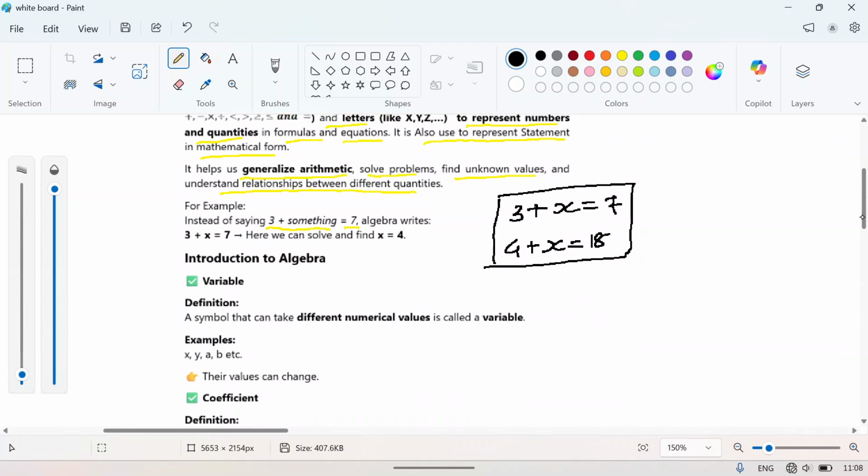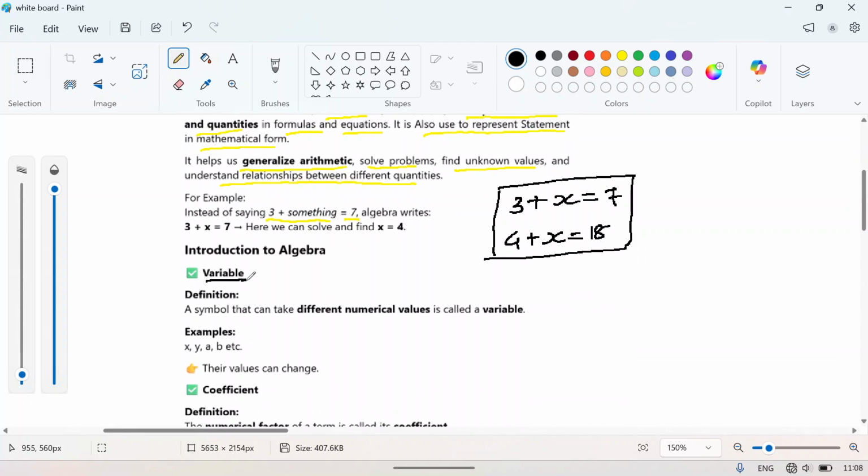So in the introduction to algebra, the first terminology is the variable. One of the most important parts, the variable is the unknown thing which we are going to find. The definition of a variable is a symbol that can take different numerical values in any algebraic expression. Suppose 3x plus 4 is an algebraic expression.